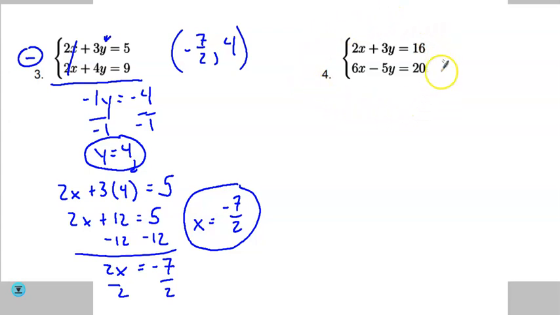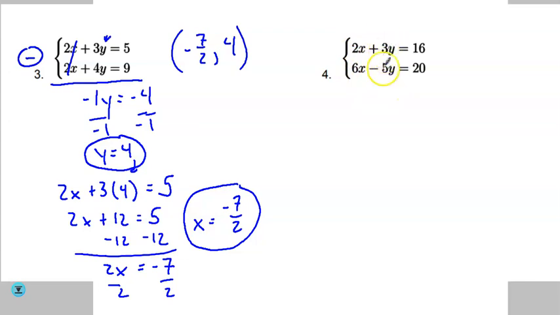We're going to talk about it more in depth, but to get them to match up, you are going to have to change one of these equations. And here, if you look, your x's are 2 and 6, well, it's easy to multiply. You're going to have to use multiplication. It's easy to multiply to change this 2 to a 6, right? So they would be the same.